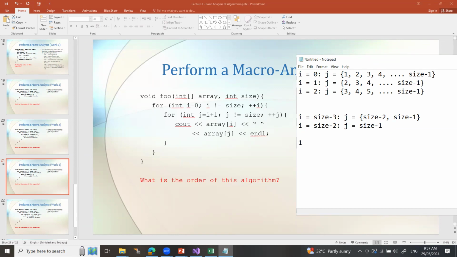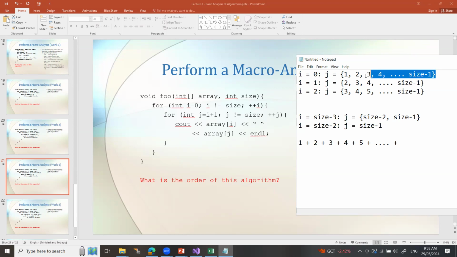Just once, right? When i was size minus 2, it will run once. What about for size minus 3? How many times will that run? Twice. And then size minus 4, 3 times.